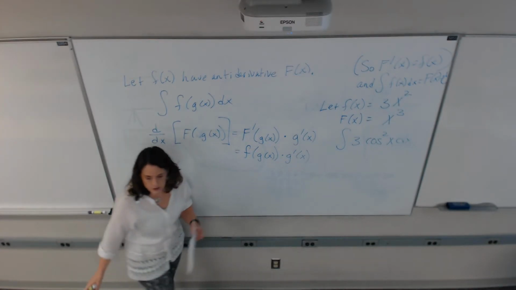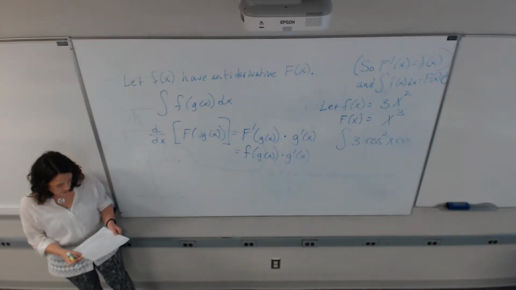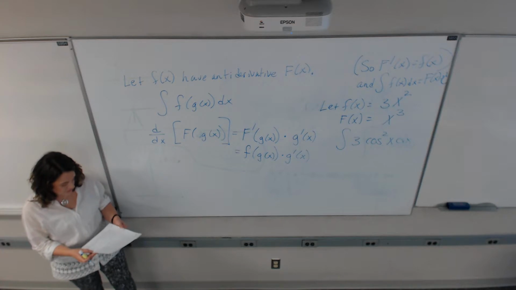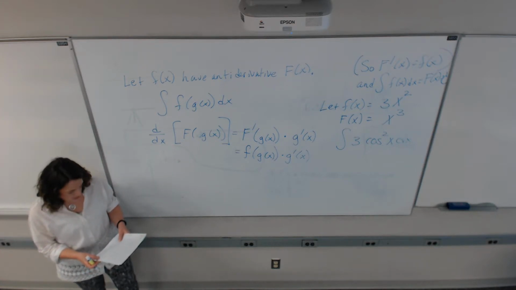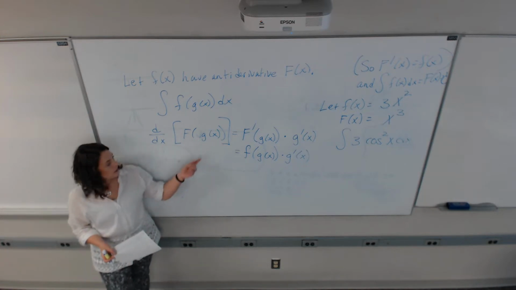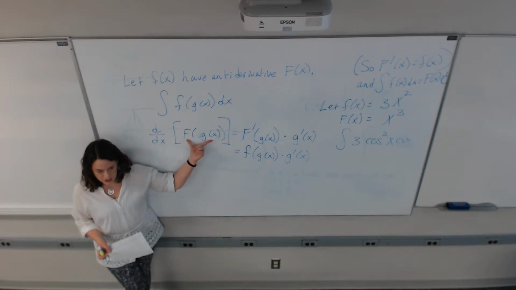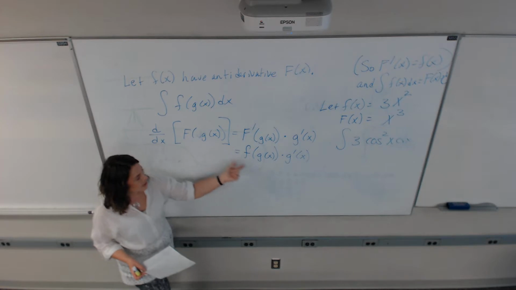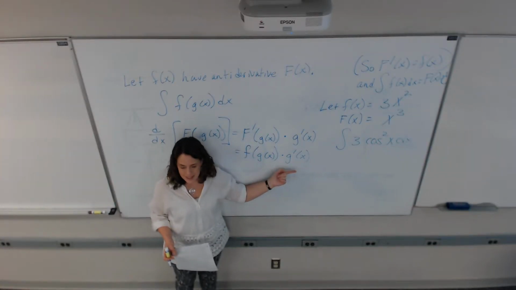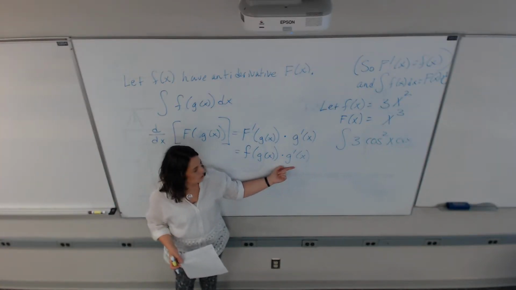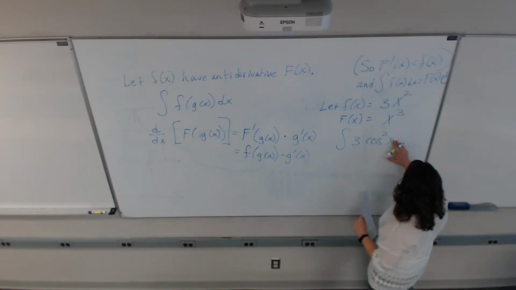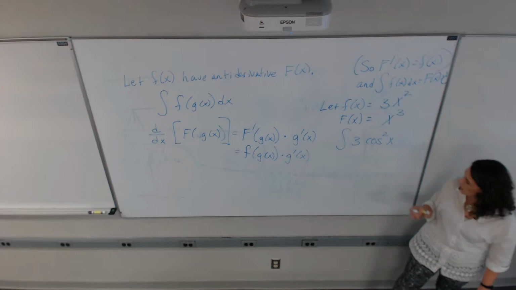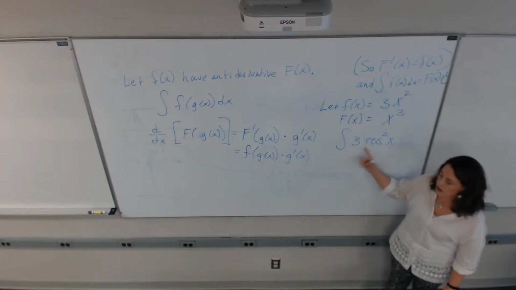Does that work, given that capital F is an antiderivative? That tells you that F of g of x is an antiderivative of this thing, which means that if I'm going to be able to integrate this, there has to be more here. I do have f of g of x.